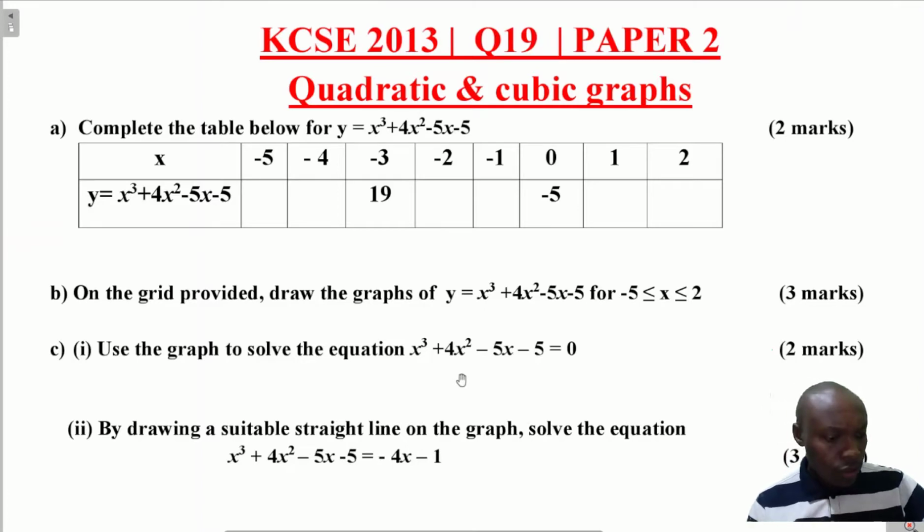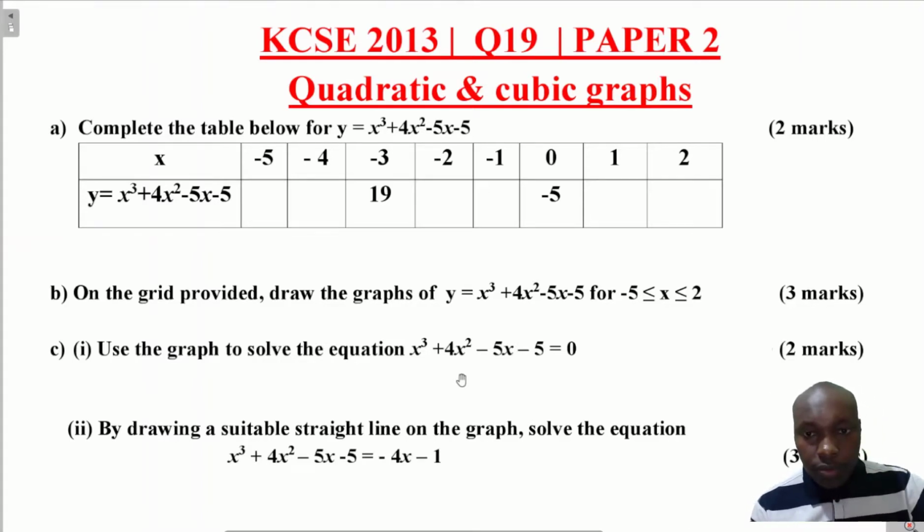So let us go straight and use our calculators in order to fill in the remaining values. So we are going to begin by filling the first one. In your calculator, you write the function, and then we shall be substituting the values of x.